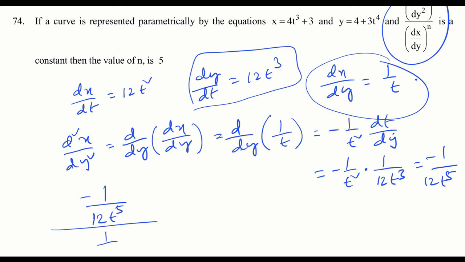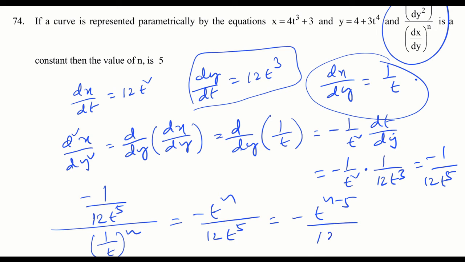So I'll have it as (1/t) whole power n, which comes out as tⁿ by minus 12 t⁵, or I can write it as minus t^(n−5) by 12. Now you want this quantity to be constant, possible only when the power is 0. That means n is equal to 5.